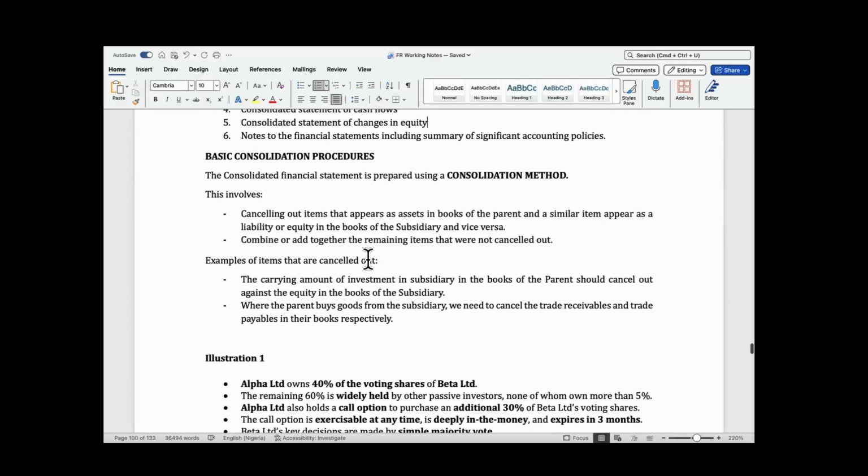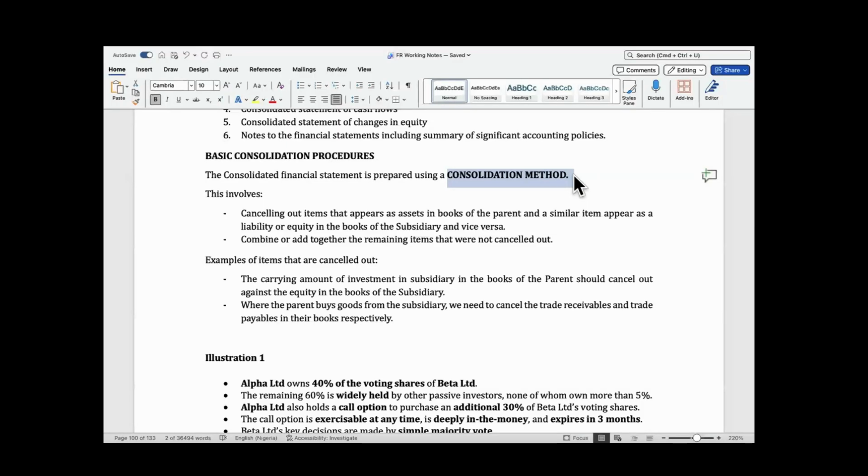Now, how do you consolidate? Basic consolidation procedures. The principles of consolidation is very straightforward, very simple. Like I mentioned before, we use a method called consolidation method. And from the definition of consolidated financial statements, we said it's a financial statement of a parent and its subsidiaries prepared as that of a single entity.